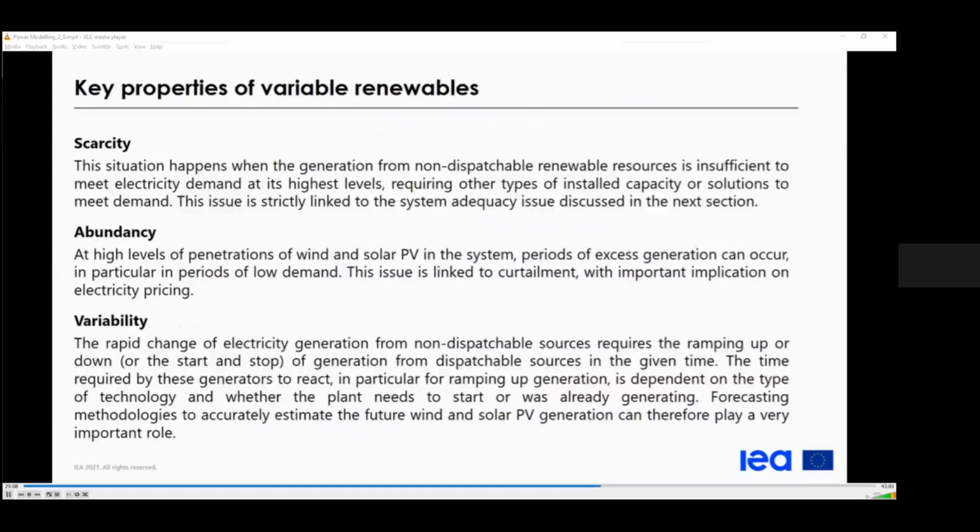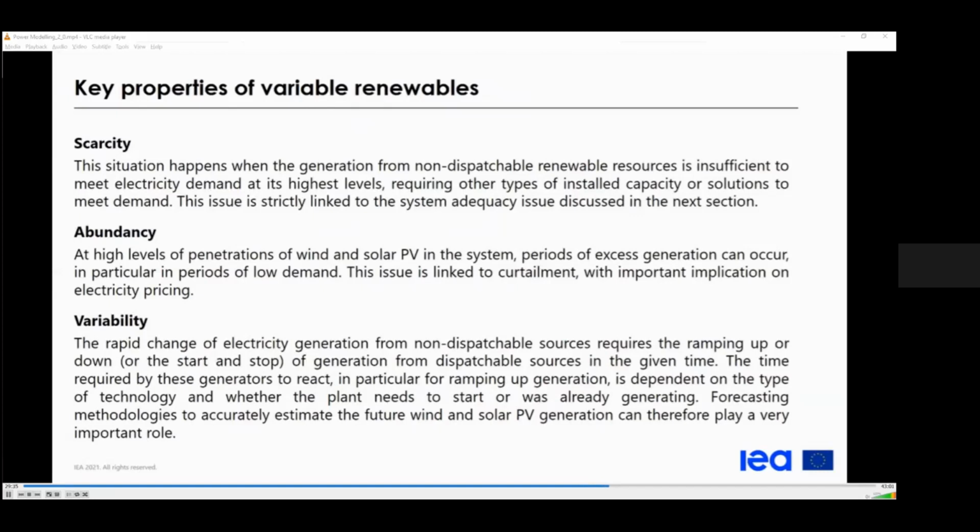Scarcity is the situation that happens when these non-dispatchable renewables, these variable renewables, do not provide enough generation to cover demand. So this requires other types of plant units to ramp up to meet demand.